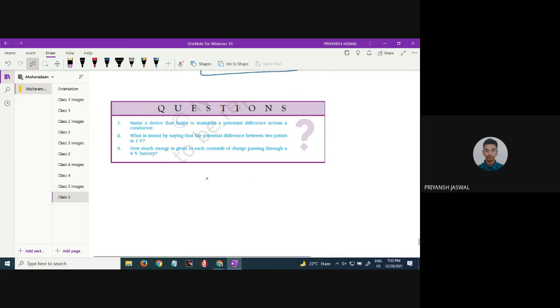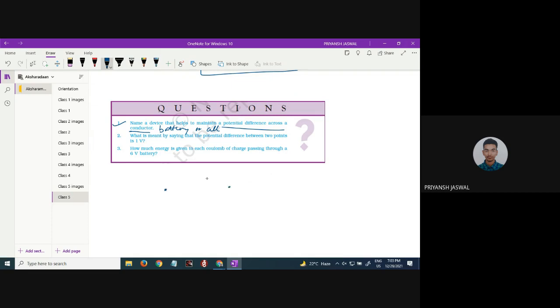Let's do some more problems or questions. First question is name a device that helps to maintain a potential difference across a conductor. So the answer is battery or a cell. Second question is what is meant by saying that potential difference between 2 points is 1 volt.